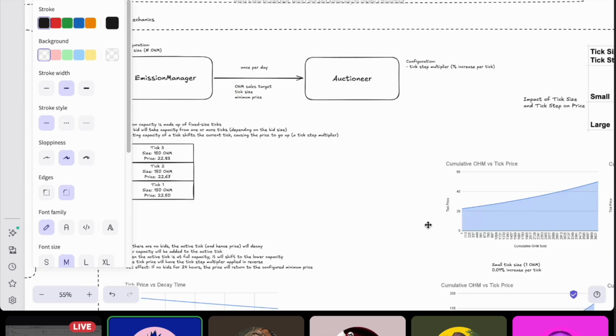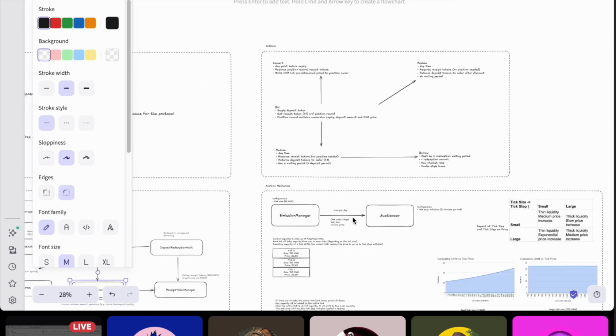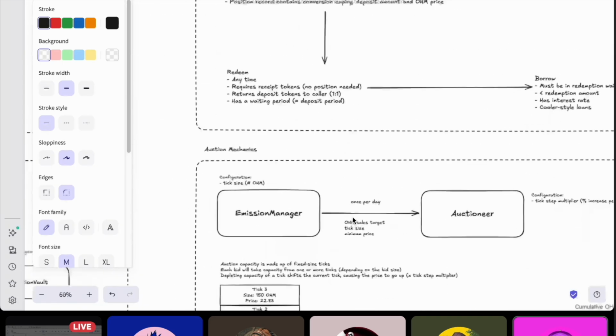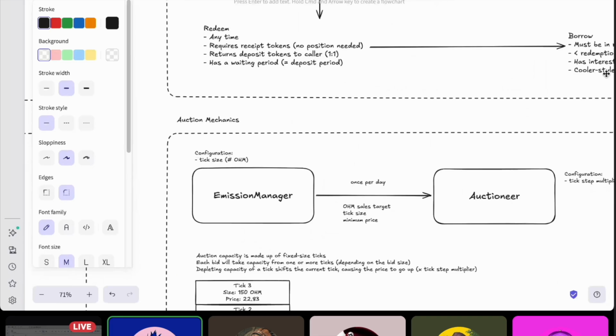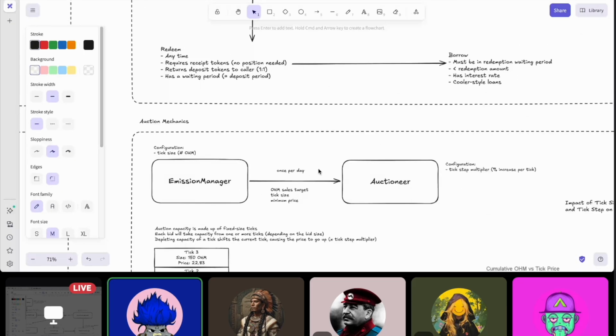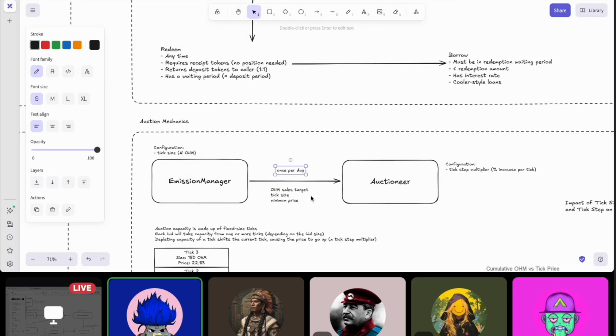Okay, auction mechanics. Right, so as I mentioned, we have the emission manager, and once per day, it's passing a couple of pieces of information over to the auctioneer. The emission manager has a configuration parameter called the tick size, which is the number of OHM per tick. And that's one of the items that is passed over to the auctioneer.